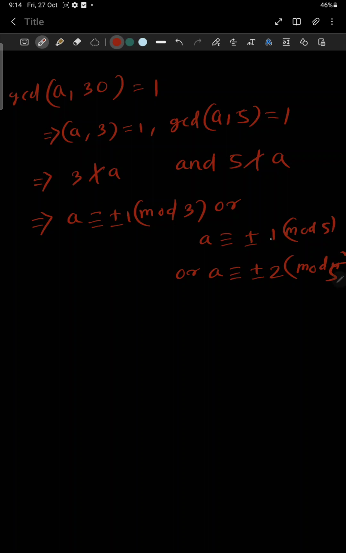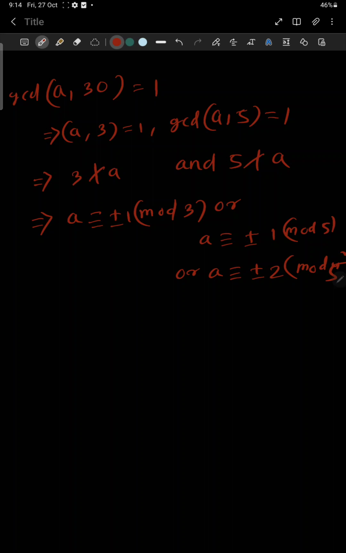One is plus 1 and plus 2, the other is plus 2 and plus 3. Plus 2 and plus 3 can be written as minus 1 and minus 2. Okay, so we have these 6 cases.